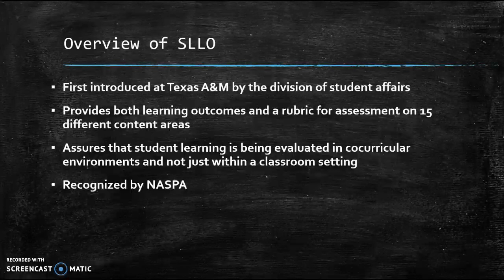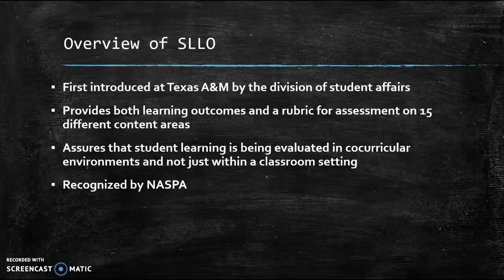It assures that student learning is being evaluated in co-curricular environments and not just within the classroom setting. We're so used to assessment and accreditation applying specifically to the classroom environment and looking at what students are learning in the classroom, but the Student Leader Learning Outcomes Project really focuses on what students are learning outside of the classroom as well and in their student involvement activities.